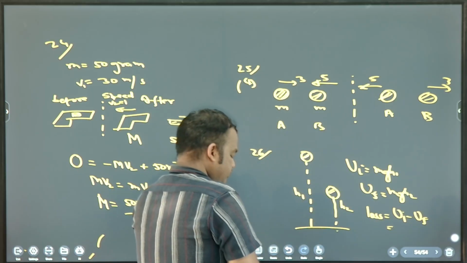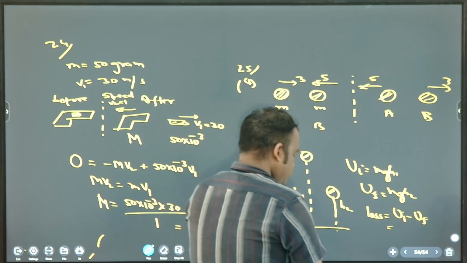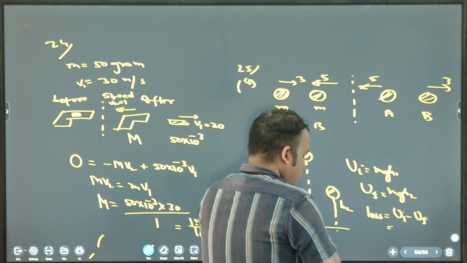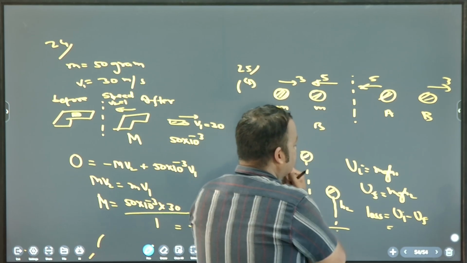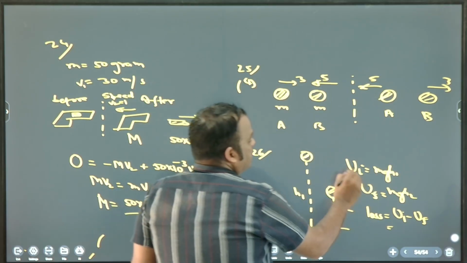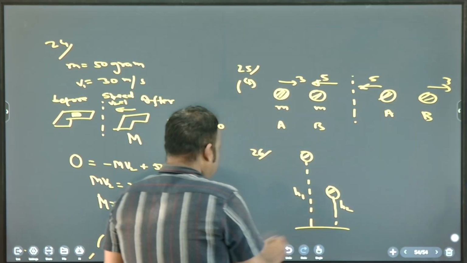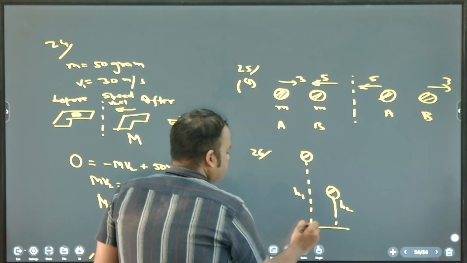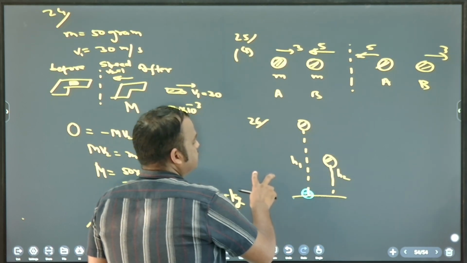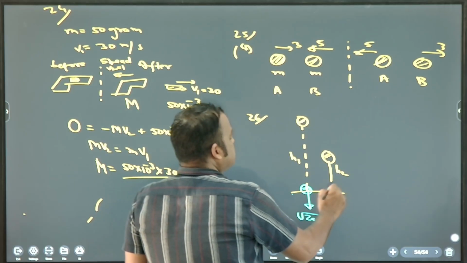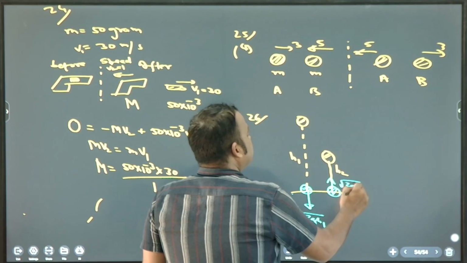The ball loses its velocity on bouncing. Okay, wait, sorry, they are not asking the loss in potential energy, only speed. So what is this speed? Root 2 g h1. And what is this speed? Root 2 g h2. Very good.